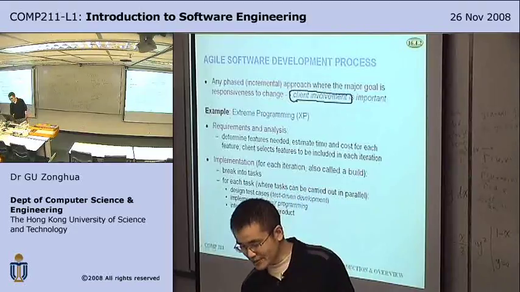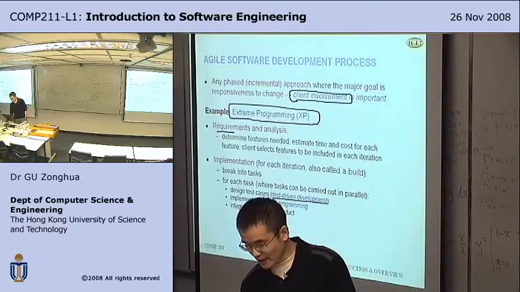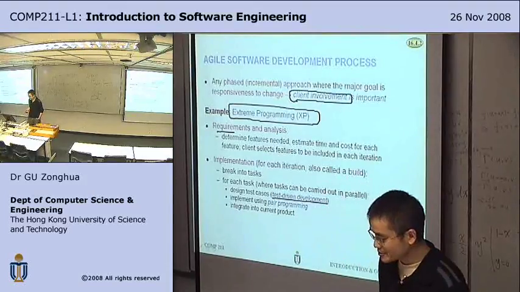So extreme programming is one type of Agile process. You do some rough requirements and analysis, and then you do implementation. Use test-driven development. That is, you design test cases as you're developing modules.